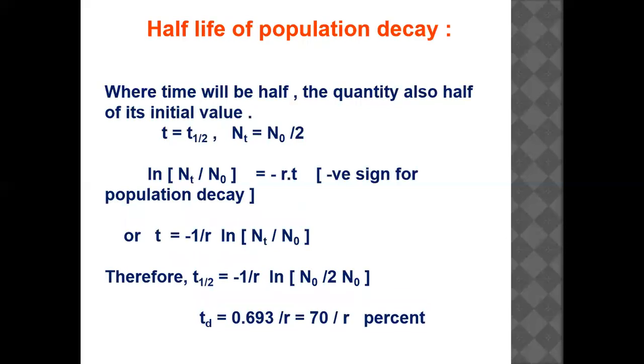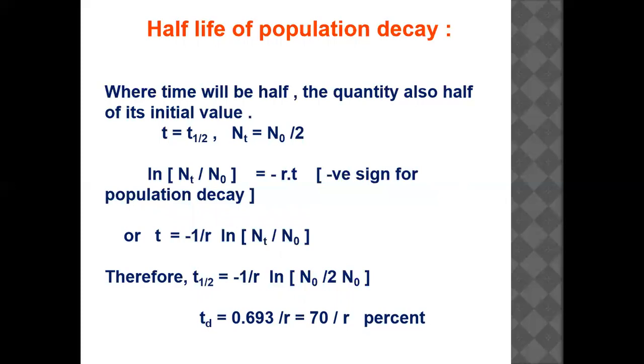Similarly, for half-life population decay, if the population decays, meaning it decreases, then the first order rate equation has a negative value. That means t is equal to minus 1 by r ln Nt by N0.